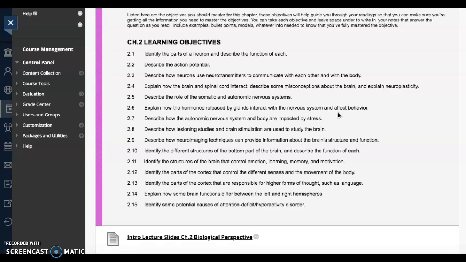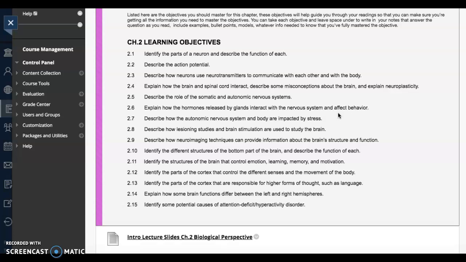We'll be looking at hormones. What is their role? Hormones are the chemical messengers. They're released by the glands, and they're what helps neurotransmitters to communicate messages between bodily systems so that what your immune system's doing can communicate with what your nervous system's doing or your cardiovascular system is doing.